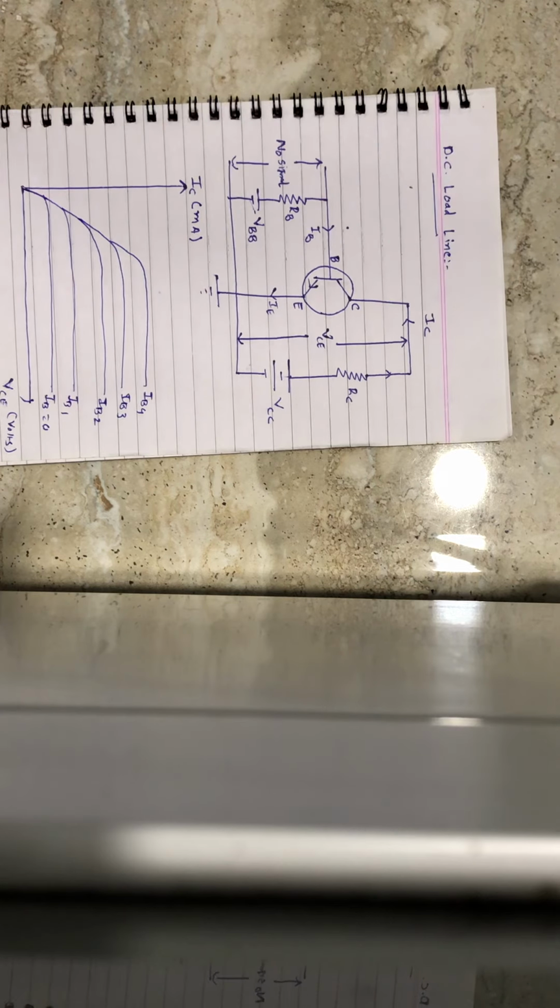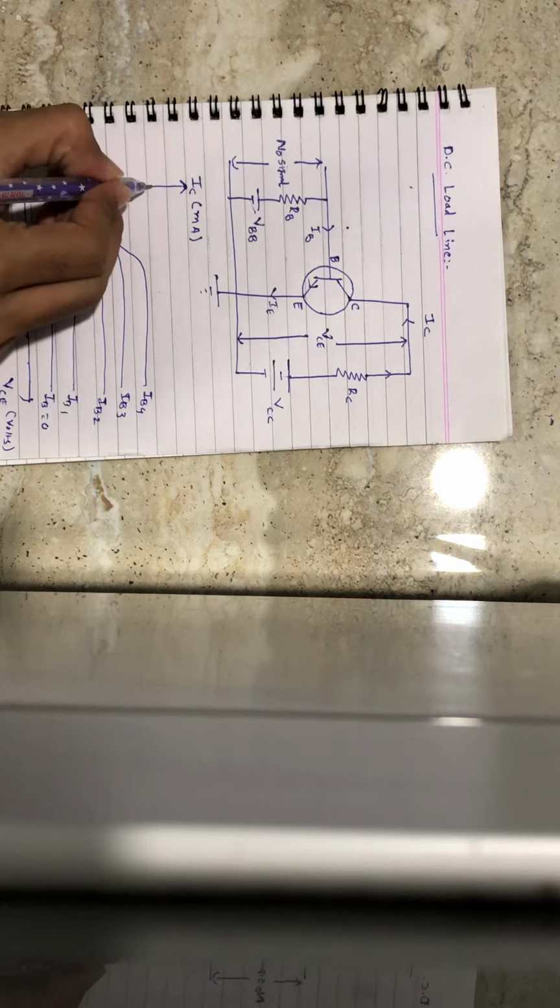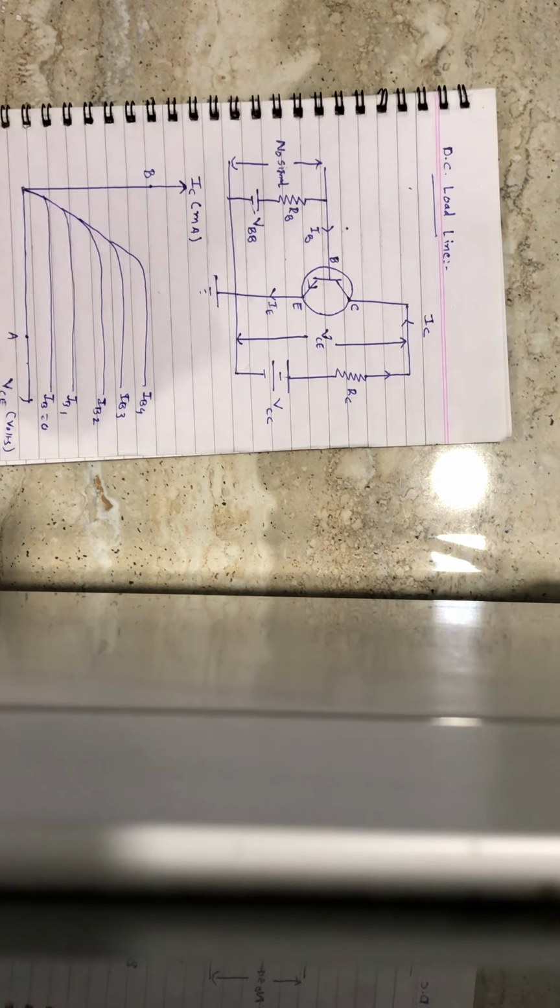Now what is DC load line? Before going to the explained concept, what is DC load line? There is one point over this y-axis, there is one point over this x-axis, and you have to connect those 2 points, and whatever line you find, that line is known as the DC load line. Suppose I assume point A is over here and point B is over here.